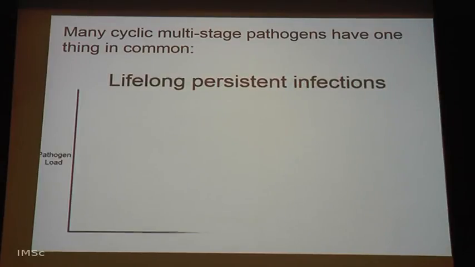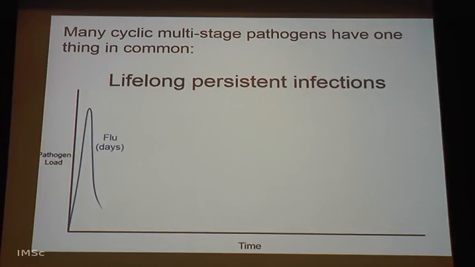So as I said before, what these pathogens have in common are lifelong persistent infections. So if we look at the time course of such an infection within the host, so if we look at the pathogen load within one host as a function of time, you might be familiar with a curve like this, which corresponds to flu.